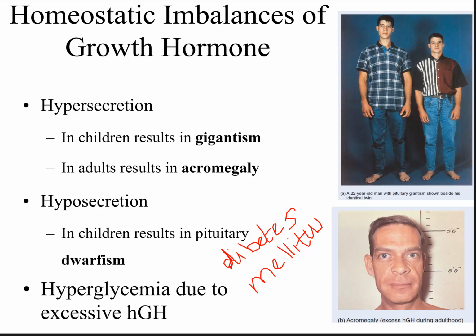Some of the symptoms of diabetes mellitus include frequent urination, excessive thirst, the person is constantly hungry, and they also have weight loss. So just remember these major symptoms of diabetes mellitus, because there are several different types of diabetes.